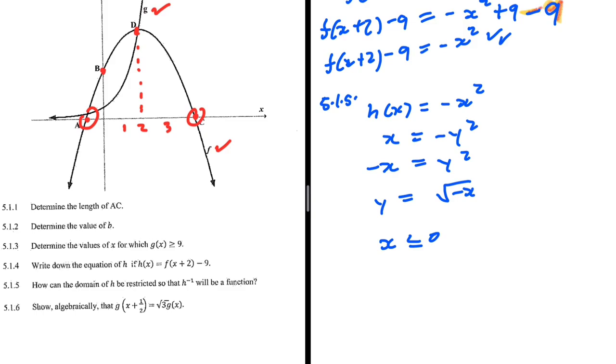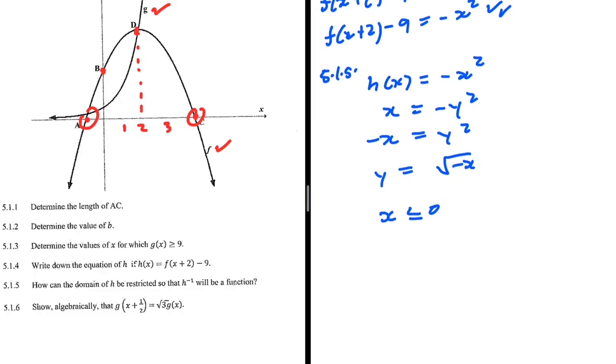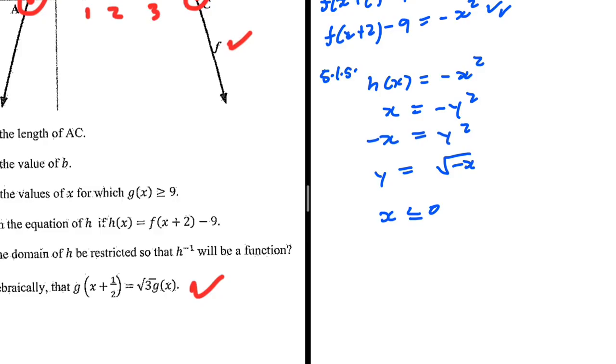5.1.6. Let's take a look at what's happening here. We're supposed to show algebraically that g of x plus a half is equal to the square root of 3 times g of x. Okay, let's see. G of x plus a half. So in place of x, we need to substitute x plus a half.